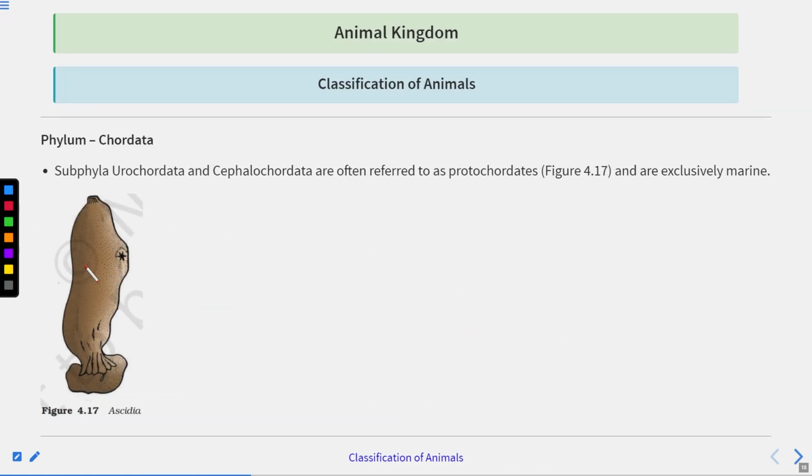Subphylum Urochordata and Cephalochordata are often referred to as the protochordates, and they are exclusively marine. Exclusively marine means they are found in the marine environment.